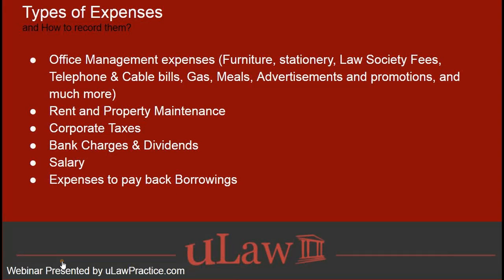Any expense that's related to managing an office. Again, you cannot recover this, but of course, expenses such as law society fees, that's almost the first starting point. Insurance, that's another starting point before you start to see your revenue. Your furniture, your rent, stationery. We spoke about marketing and advertisement.